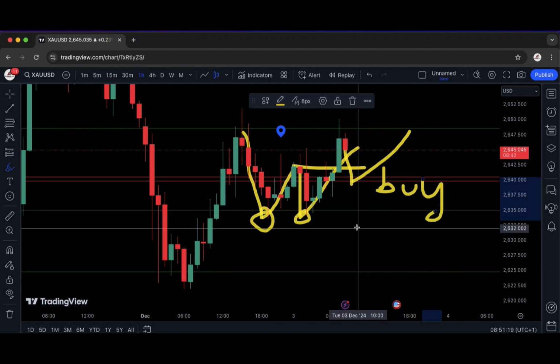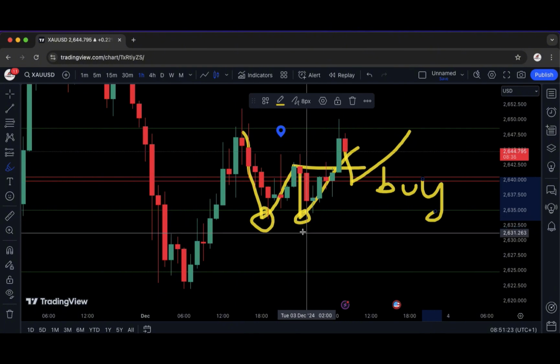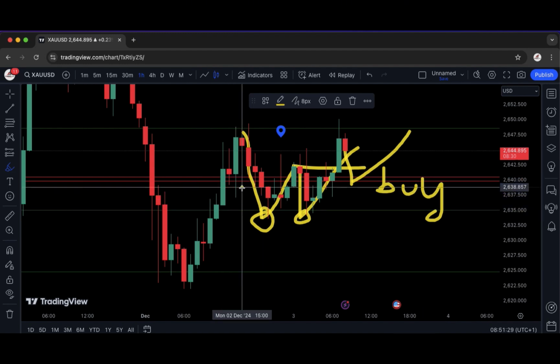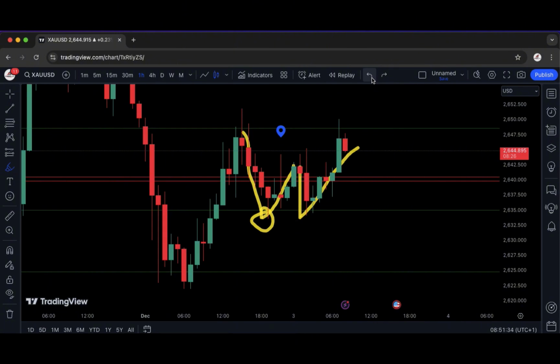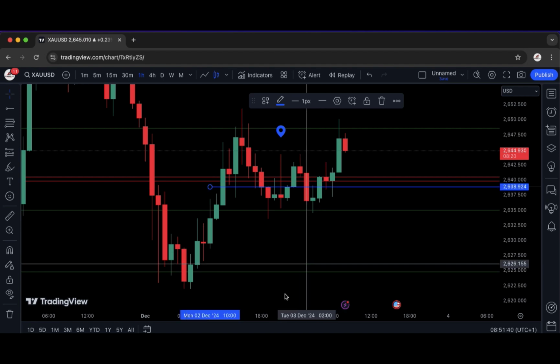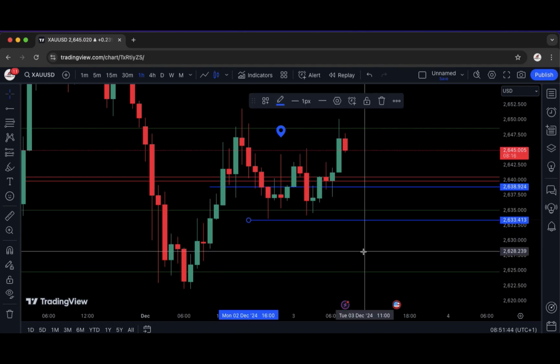And my second entry for buy will be somewhere here, and all the stop losses will be here.